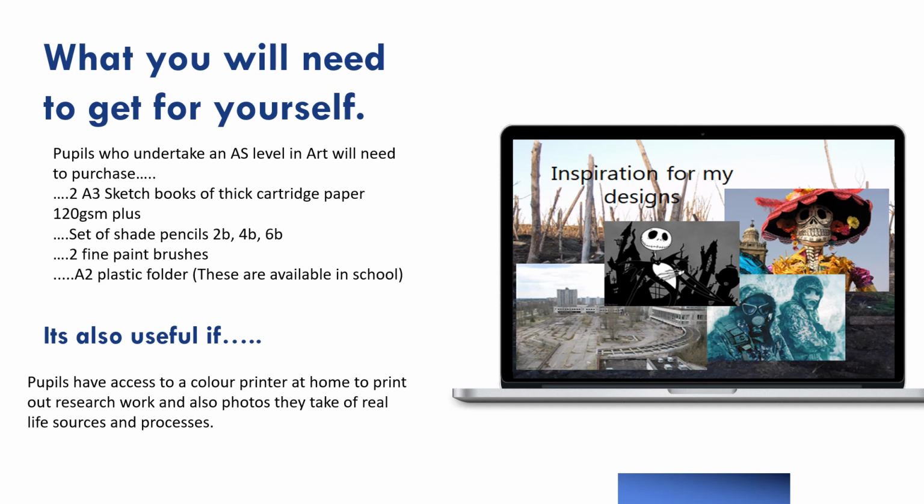So having a printer to print out some of these things is really useful if possible. If not, it's up to the pupil to be really organised and to try and print the work in school, which is another option.